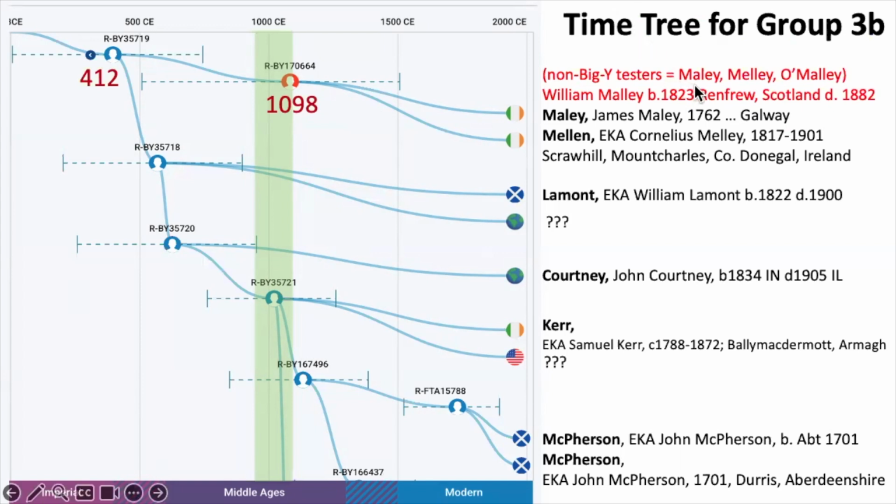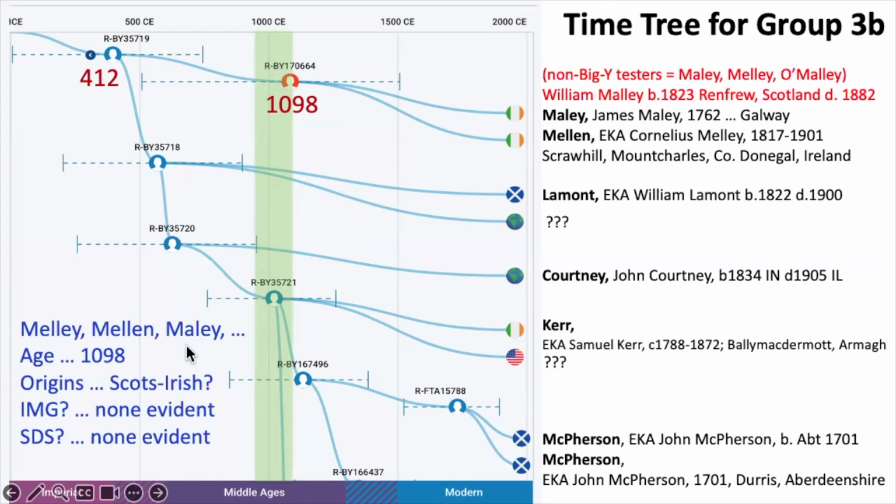But look at the surnames: Mailey, Melly, and there's a Mellon down here as well. So this particular group has some very unusual variants of the surname O'Malley, and it may be that they were never O'Malleys to start with. They were Mellons or Mellies, and it evolved over the course of time to become O'Malley, but as a variant rather than a surname switch.